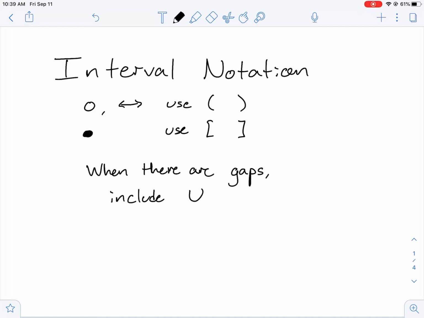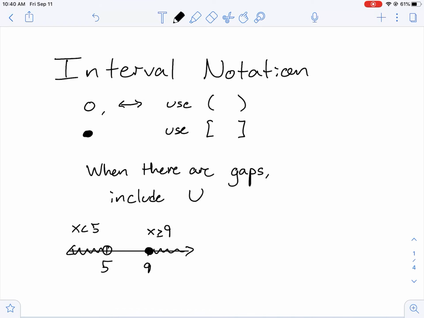And then if there are gaps, you're going to include the union symbol like you would normally have. As an example, if I had this inequality graphed, I have 5 and 9. Let's say this is a closed dot, this is an open circle, and I'm shaded here and here. So I have x is less than 5 and x is greater than or equal to 9.